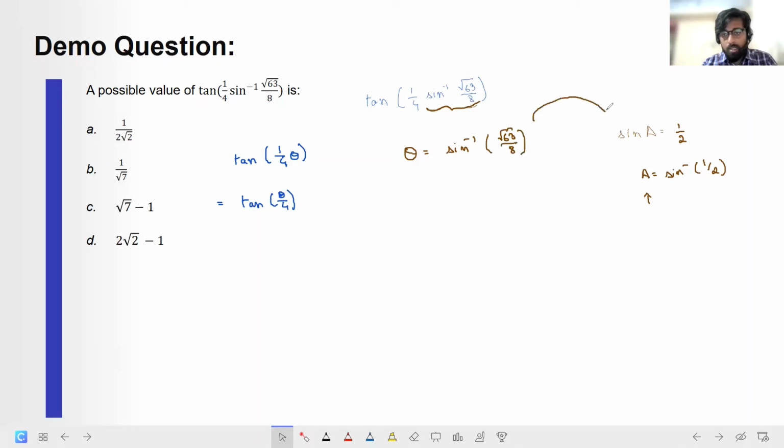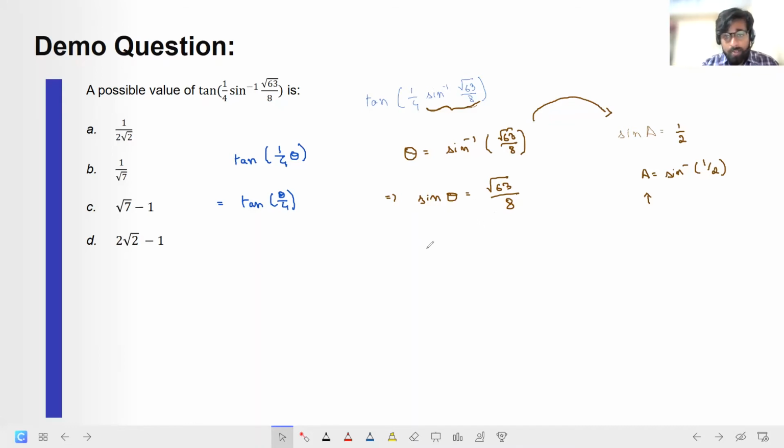Now if we follow this process, sine of theta will give you nothing but root 63 divided by 8. Basically what you can do over here is draw a triangle and figure out the value of cos, but we're going to take up a shortcut because time is of the essence in your examinations. You have to mentally think about it as well.